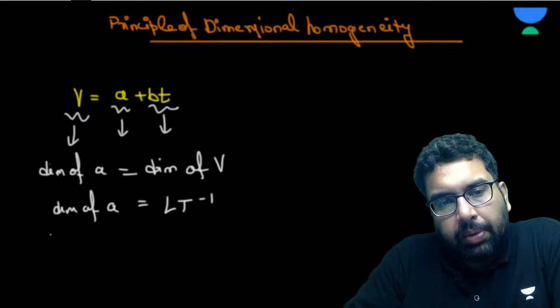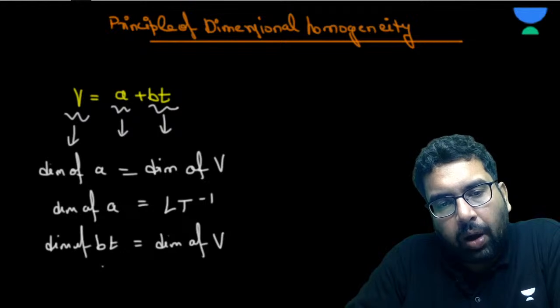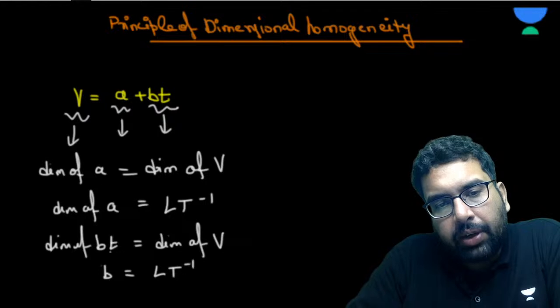Similarly, the dimension of bt is equal to the dimension of v. By simple algebra, the dimension of v is LT minus 1, the dimension of t is T, so the dimension of b shall be LT minus 2.